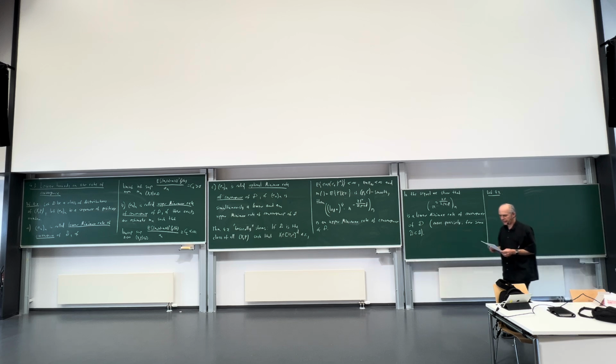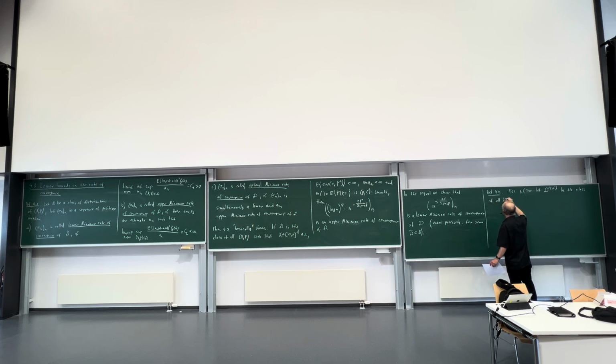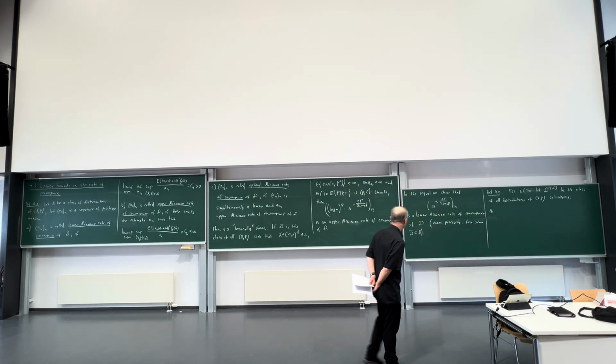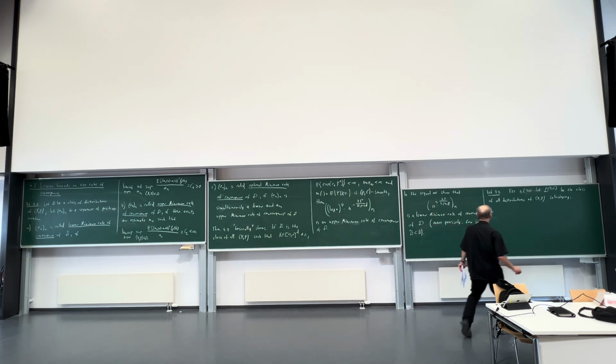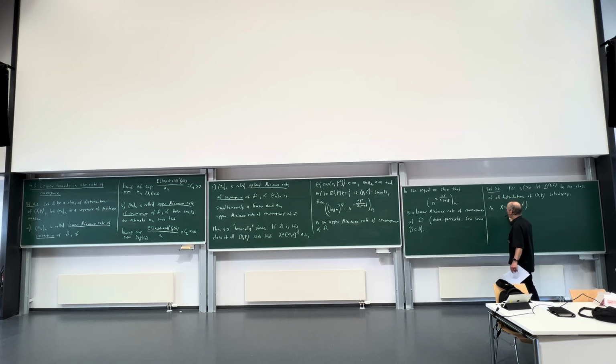I have p, C greater than 0, and D(p,C) for p, C greater than 0 is the class of all distributions (X, Y) satisfying, well, the first condition: X is uniformly distributed on the unit cube.